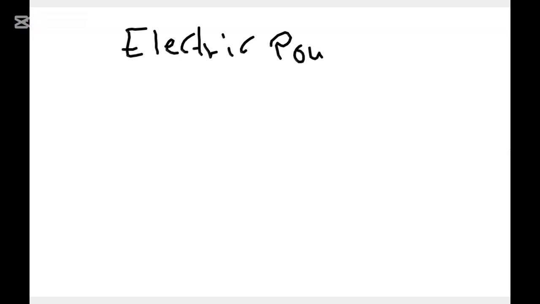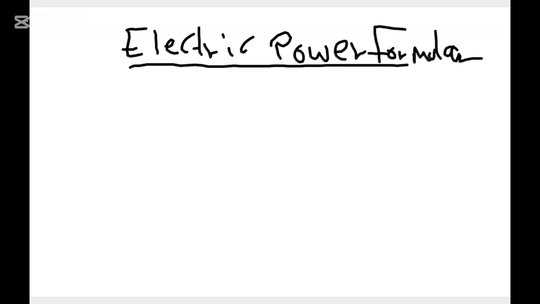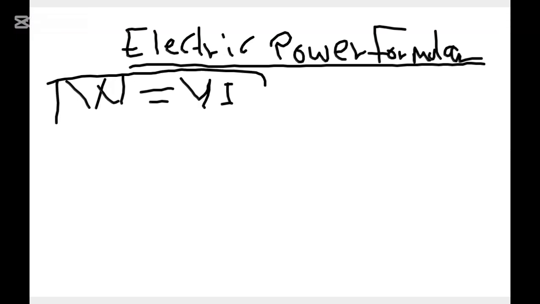Let's talk about the electric power formula. The electric power formula is W equals VI. This is the general formula for electric power.